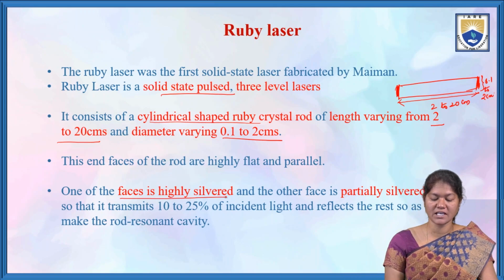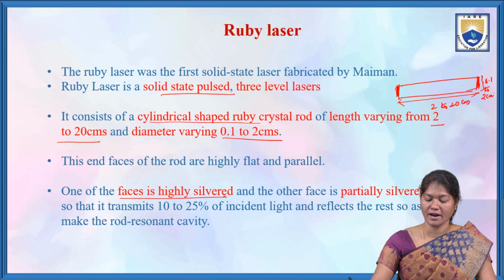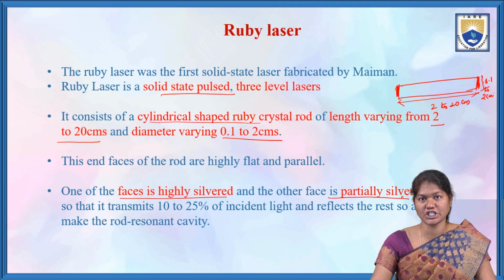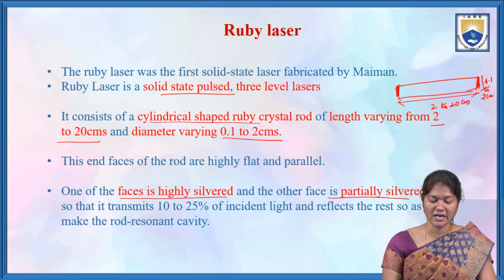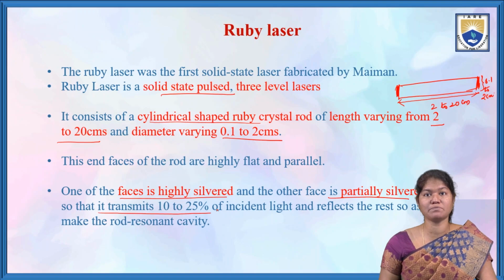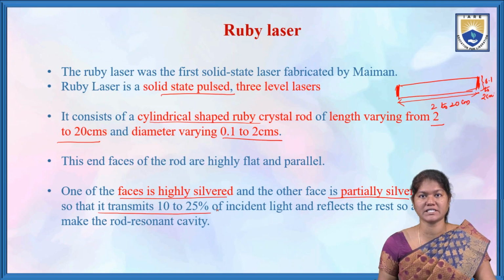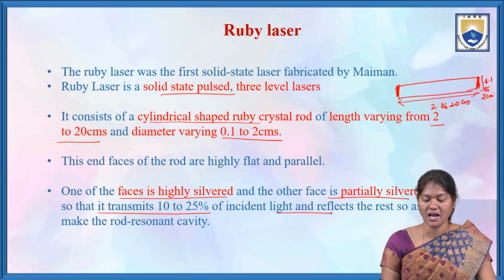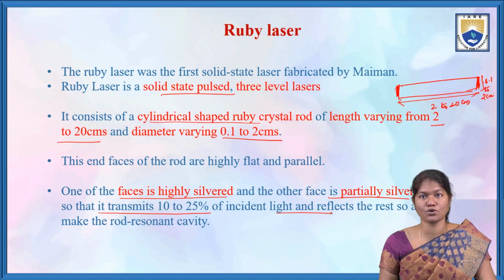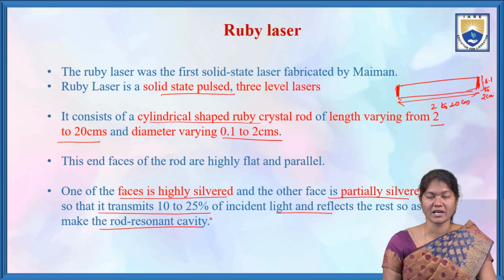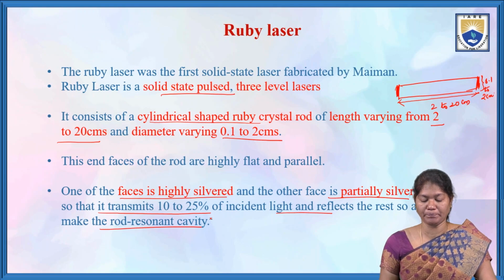One of the faces is highly silvered and the other face is partially silvered, so that it transmits 10 to 25% of incident light and reflects the rest, so as to make the rod a resonant cavity.